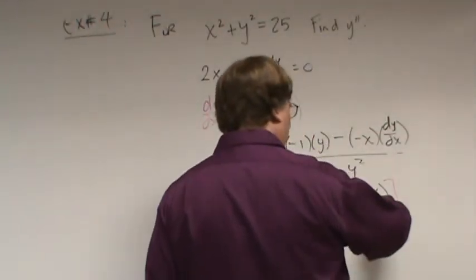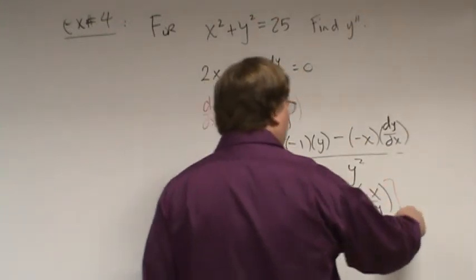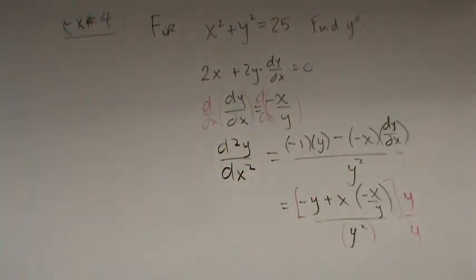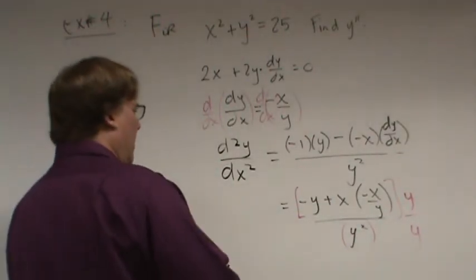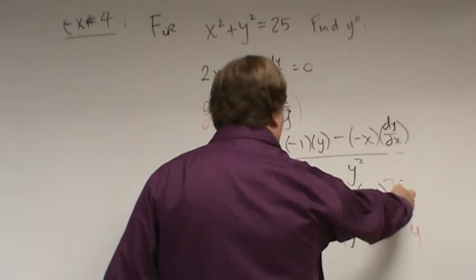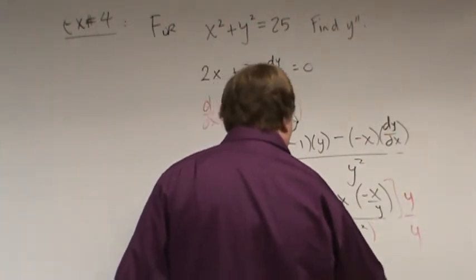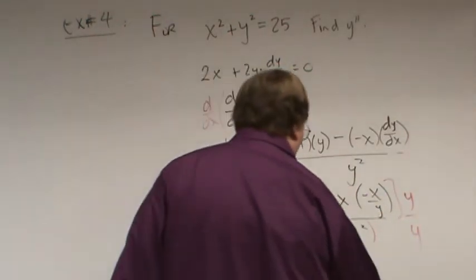When you have a complex fraction, like having a y in the denominator of a part of a numerator, you have to multiply top and bottom of the fraction by whatever that denominator is. So I have to distribute this y, so I get negative y squared minus x squared, because the y's cancel. And here I get y to the third.